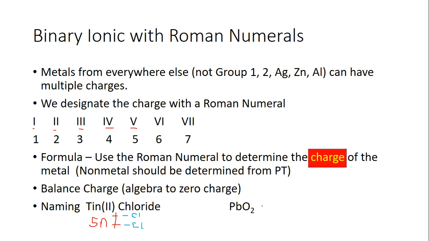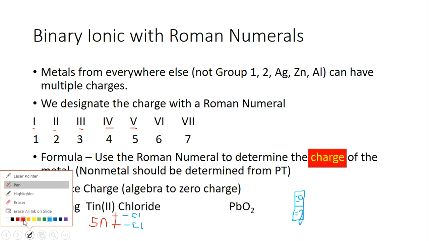All right, so lead oxide, there are 2 oxygens. Each one has a -2. So here's 1 oxygen with a -2. And here's a second oxygen with a -2. So those are 2 oxygens with -2. So the lead, there's only 1 lead. And how is 1 lead going to do this?